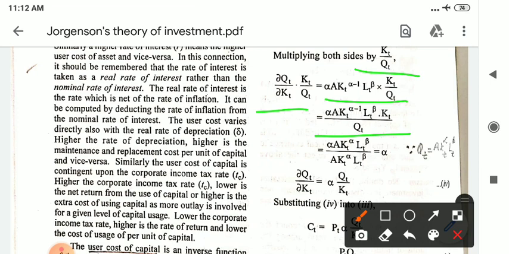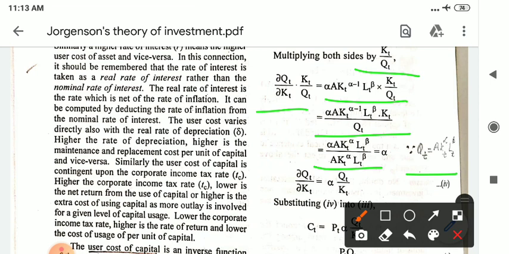Q_t. So the next step is alpha into A K_t raised to power alpha into L_t raised to power beta, whole divided by Q_t, which I have written on the right-hand side, that is Q_t = A into K_t raised to power alpha L_t raised to power beta.